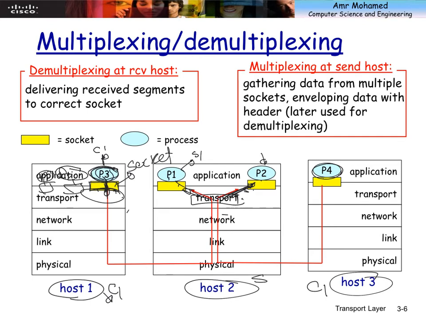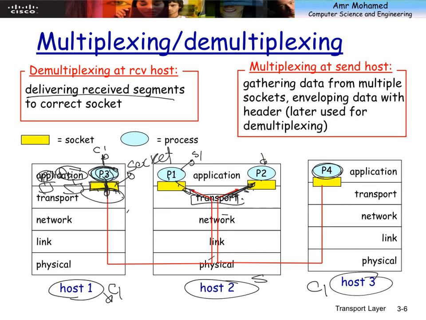So this is multiplexing and demultiplexing. Multiplexing talks about delivering the application data to the correct socket, so I'm sending the data from a specific socket based on which port number and what destination address I need to communicate with.